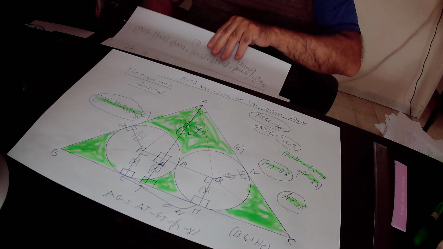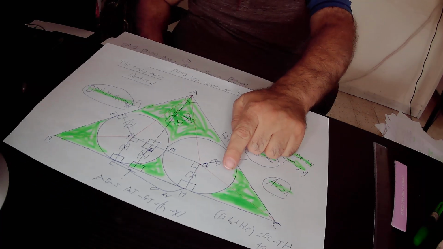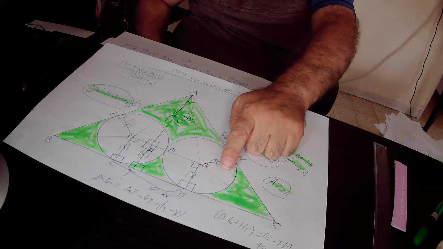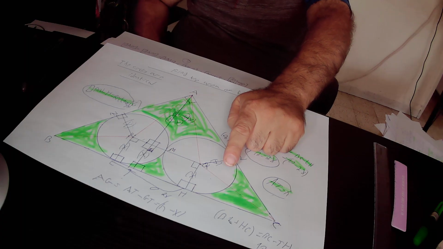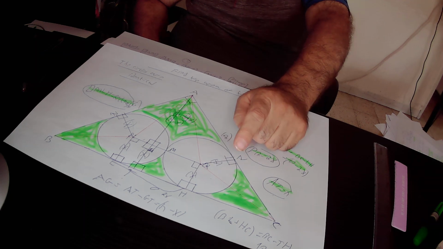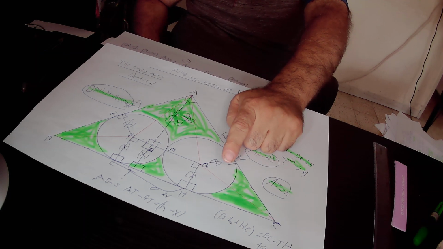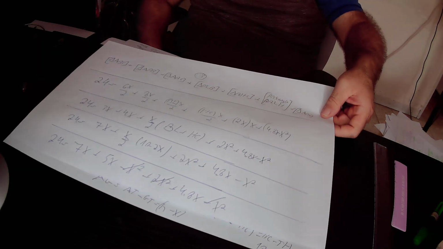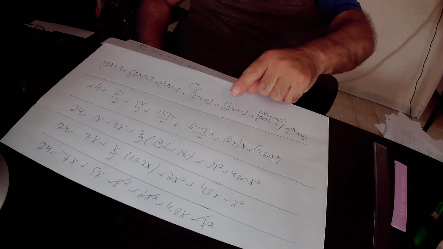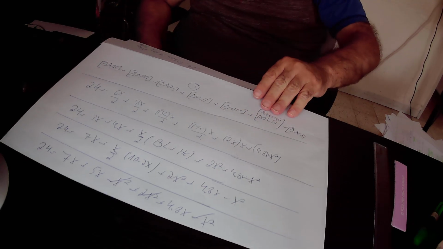Plus the area of the fourth shape that it consists of, that is the area of this right triangle QHC. The area of this right triangle QHC equals the base HC times the height QH over 2. So it is HC times the height QH, that is x, over 2. So it equals HC times x over 2. The area of the fourth shape, QHC, equals HC times x over 2.